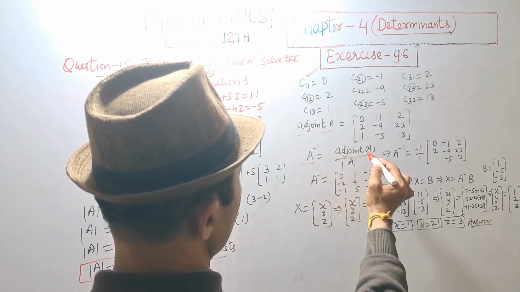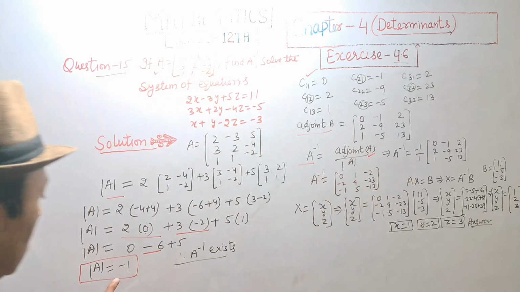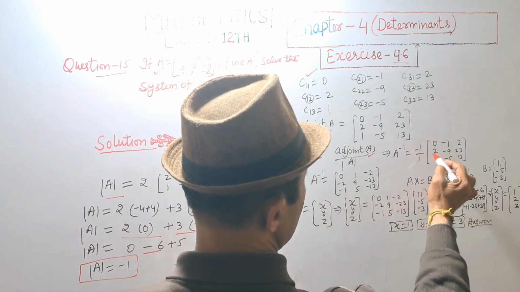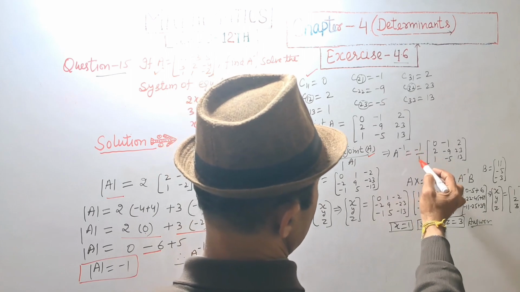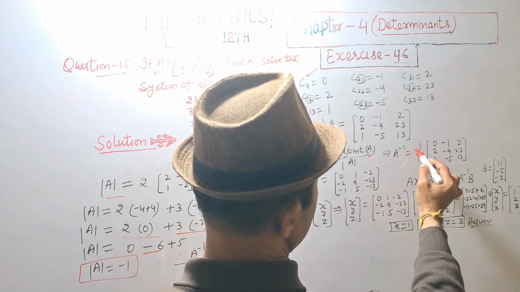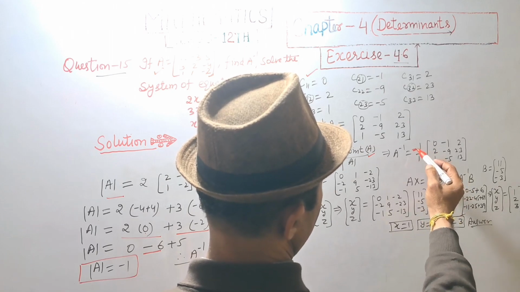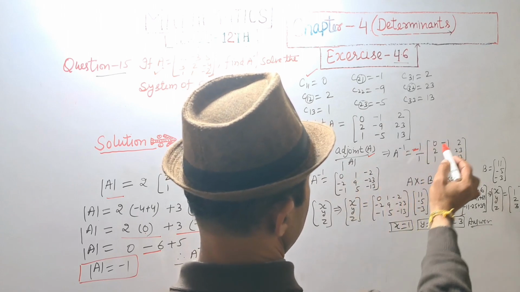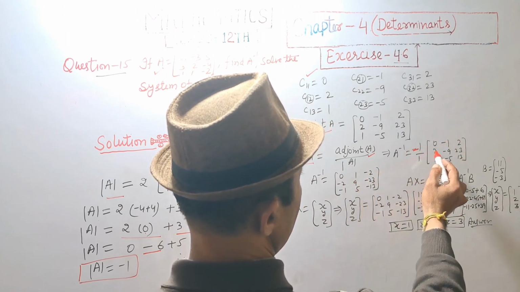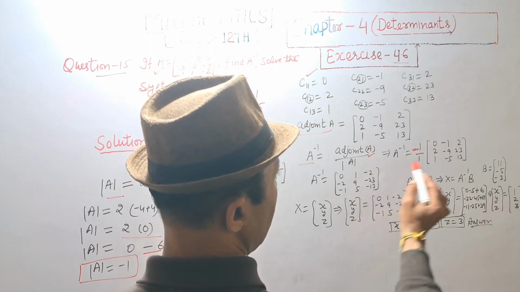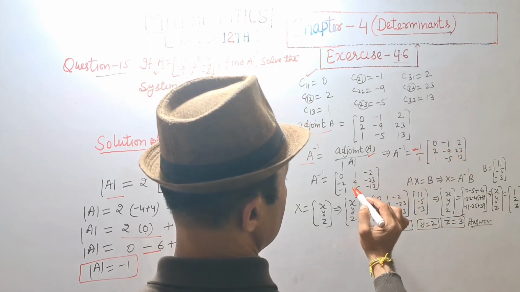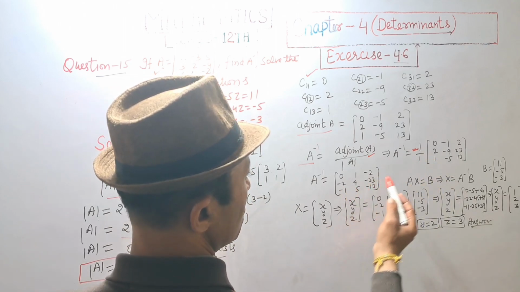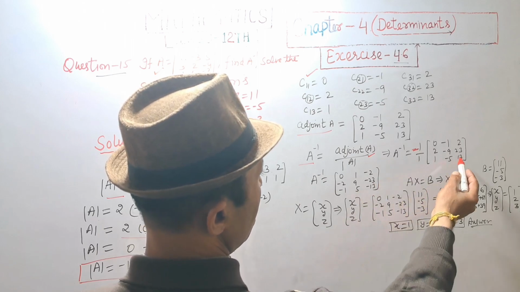A inverse is equal to adjoint A upon determinant of A. Determinant of A is equal to -1, multiply by adjoint, we get A inverse. -1 upon 1, and -1 multiplied by 0 that will be 0, minus, minus, plus 1 minus 2, and -2, minus, minus, plus 9, minus multiply by 23 that is -23, and minus into 1 that is -1, minus, minus, plus 5 minus 13.